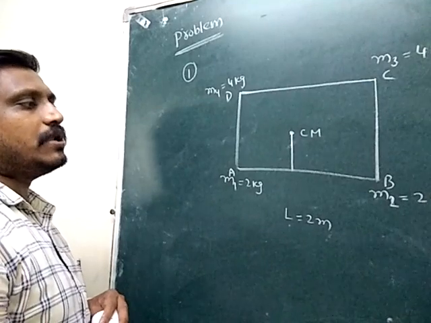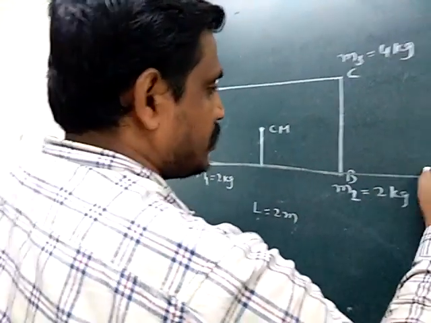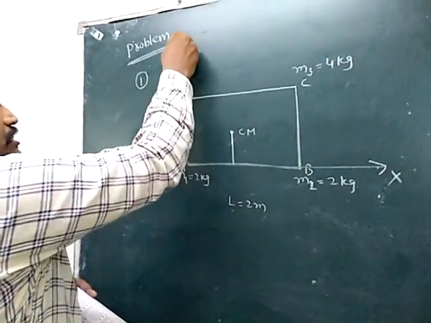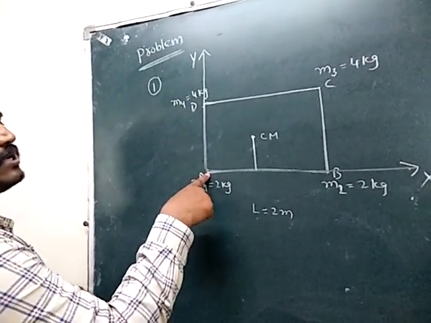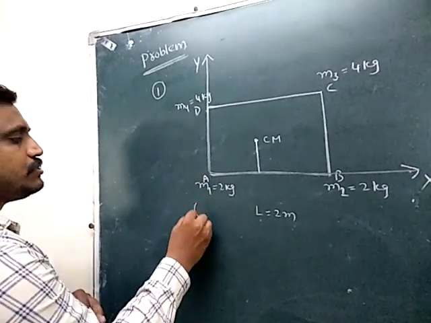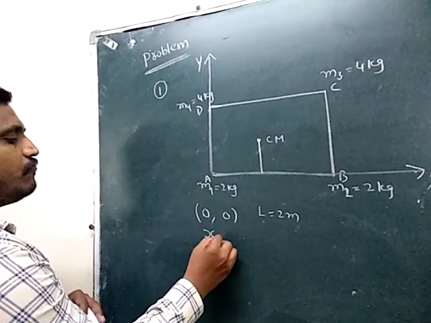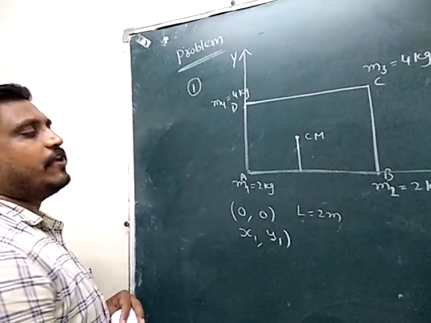In the chapter, we assume x-axis. This is the x-axis. This is the y-axis. Okay. In the chapter, this can be considered as the origin. Its coordinates are 0, 0. M1 corresponding coordinates x1, y1.